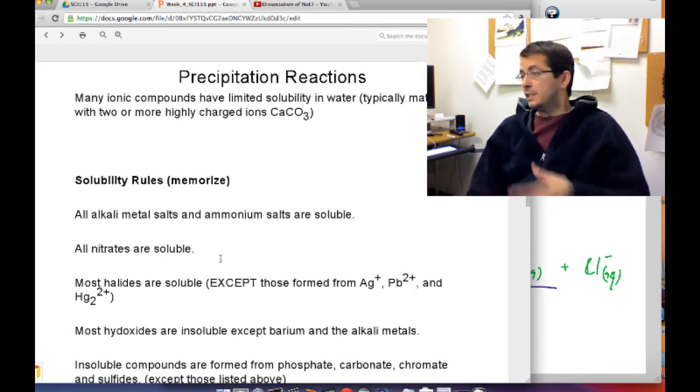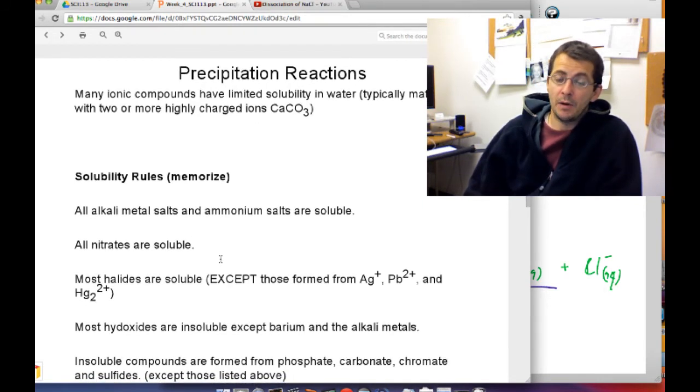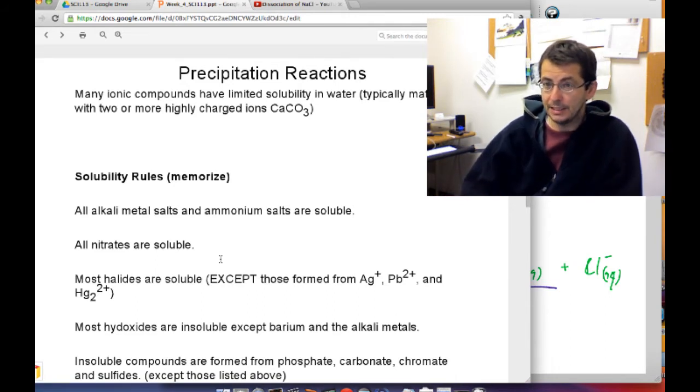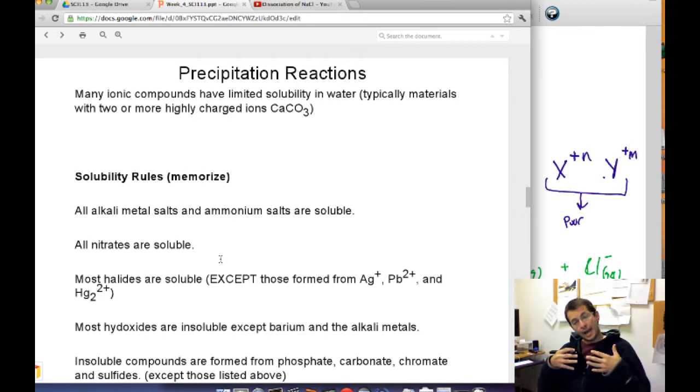Now, we can spend all day talking about the solubility rules, but I can sum up the solubility rules in basically one statement. Usually, whenever you have something that's highly charged paired with something else that's also highly charged, those will probably have poor solubility. Why? Because ionic compounds are attracted to one another.